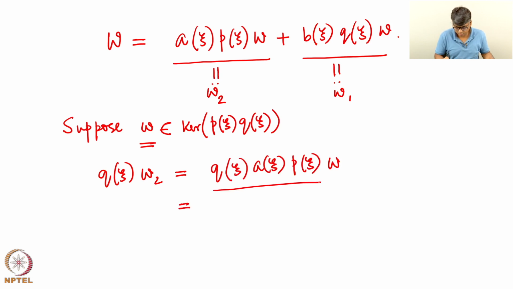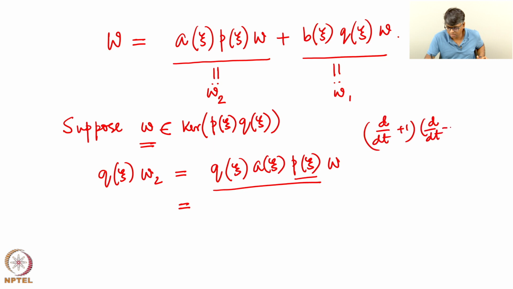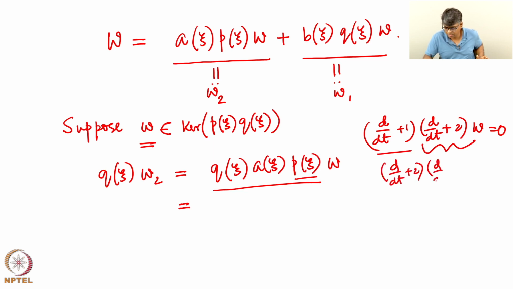Now these are polynomial differential operators, they commute, right? It does not matter which differentiation you do first and which you do second. Like for example, if you have d dt plus 1 times d dt plus 2 acting on w, whether you do this differentiation first and then this, or the other way around, it does not matter, the two are exactly the same.